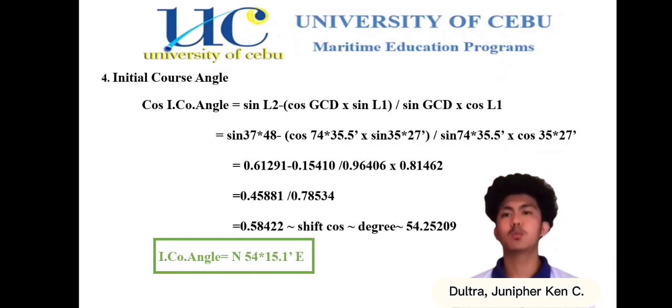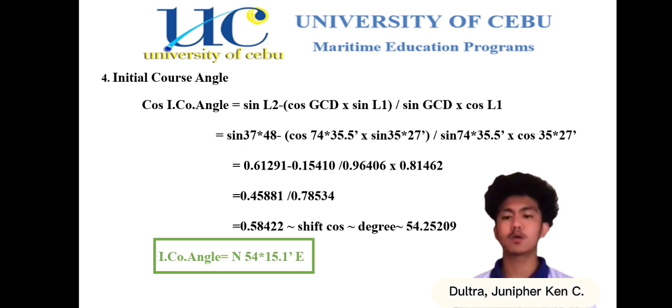So next, we'll be discussing how to find initial course angle and initial course true. So first, let us tackle the initial course angle. So cosine initial course angle is equal to sine latitude 2 minus the whole quantity of cosine great circle distance times sine latitude 1 divided by sine great circle distance times cosine latitude 1.